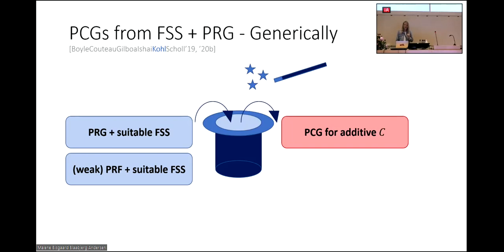And I can even do more if I start with a PRF instead of a PRG, where I can evaluate just point by point. And I have exponential or at least super-polynomial stretch and a suitable function secret sharing scheme, then I get the same properties basically for the additive correlations. And this is actually something special, because while PRGs generically imply PRFs, that's not the case for the right-hand side, because here it's not that the C correlation is the same as the output correlation, at least not for constructions that we know.